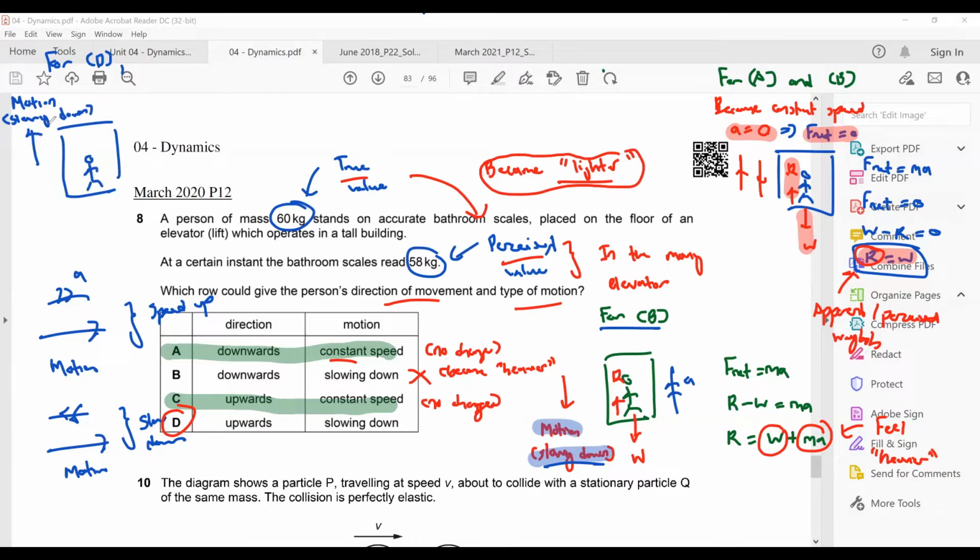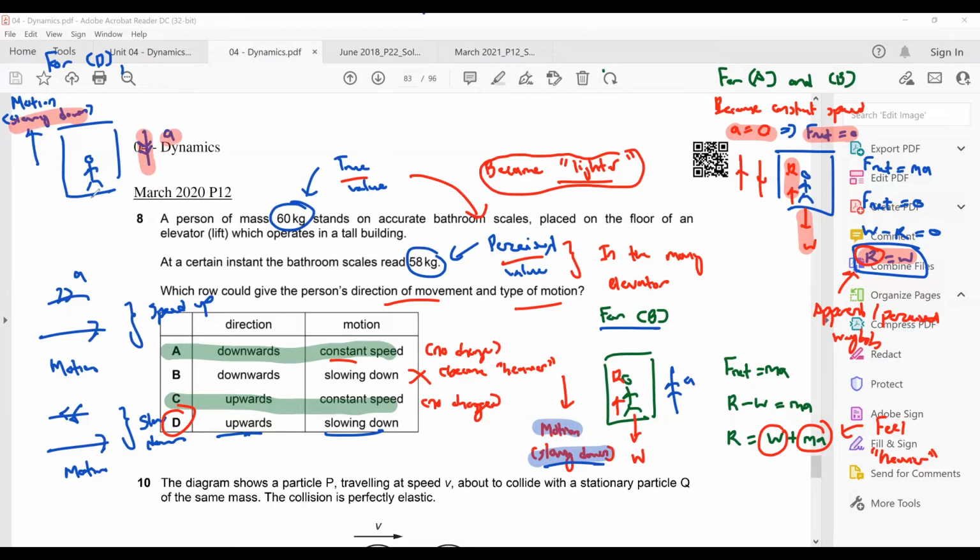So the direction of my acceleration should be downwards, isn't it? It's a bit similar to this, right? I'm moving up, but I'm slowing down. So the direction of my acceleration should be downwards.